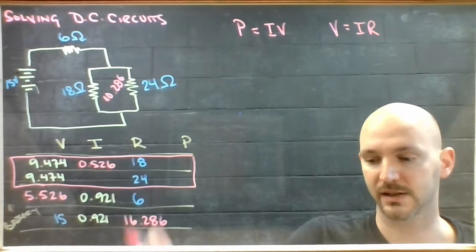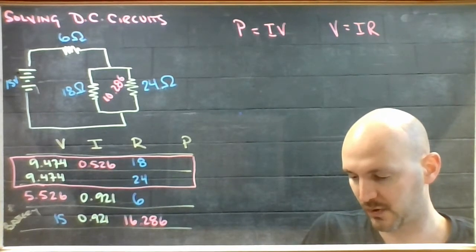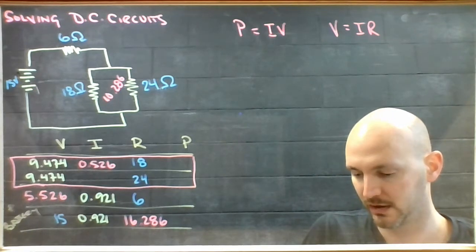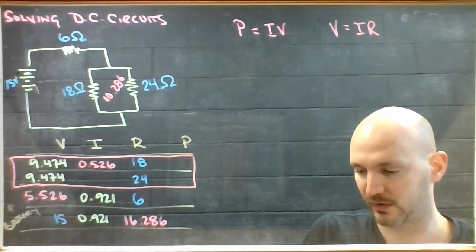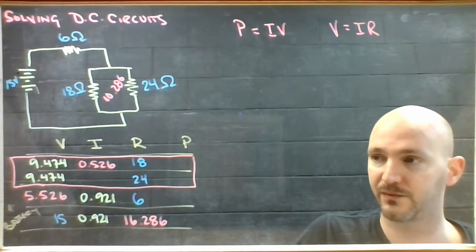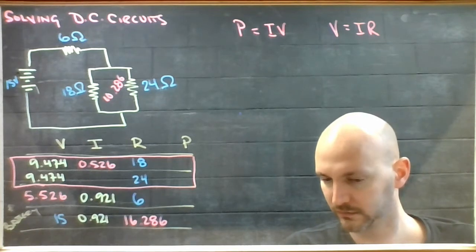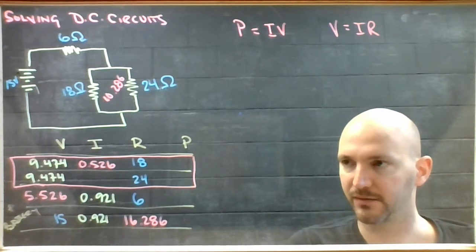And in this slot, 9.474 divided by 24 ohms gives me 0.395.